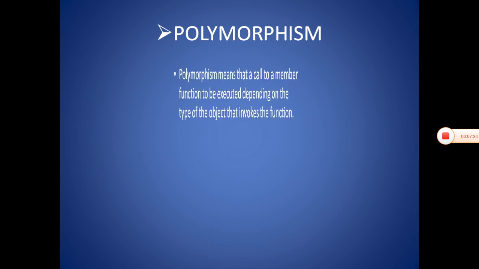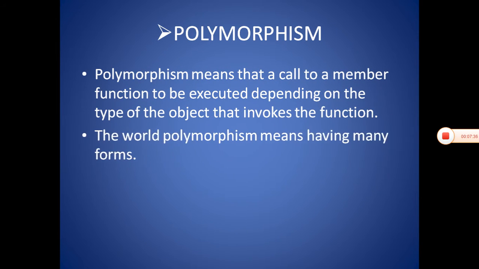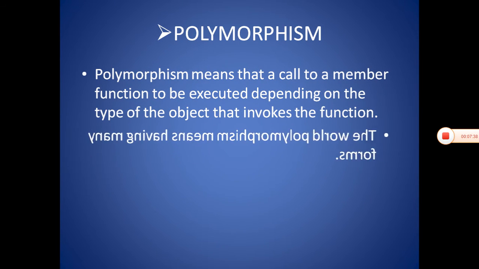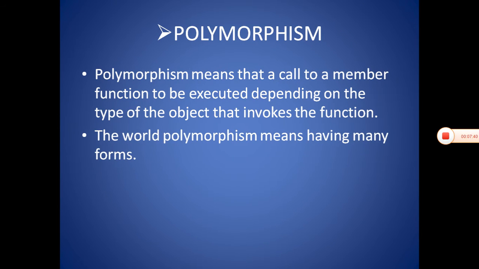Polymorphism. The name itself tells about polymorphism. It is a combination of two Greek words: poly, in the sense of many, and morphism, in the sense of forms, many forms. One thing can be present in many forms.